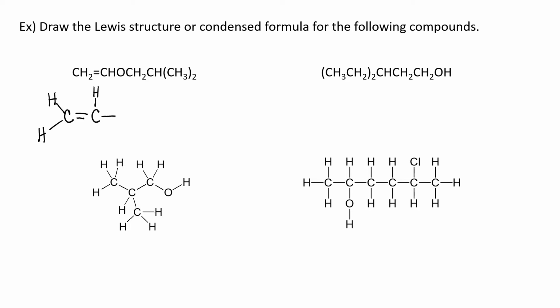That carbon is attached to an oxygen, which is attached to another carbon that has two hydrogens. Make sure that all of your carbons have 4 bonds. That carbon is attached to a carbon here that has a hydrogen. And then that carbon has 2 CH3 groups.